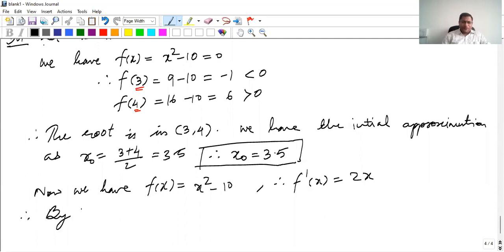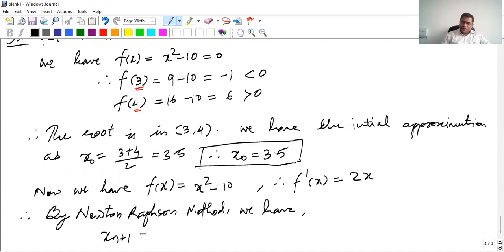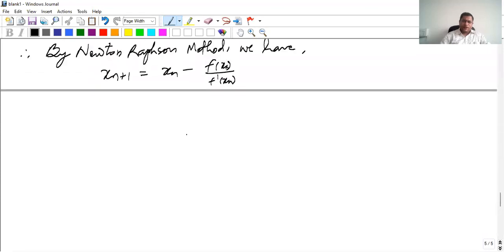So by the Newton-Raphson method, we have x(n+1) is equal to xn minus f of xn upon f dash of xn, where n runs from 0, 1, 2 onwards.